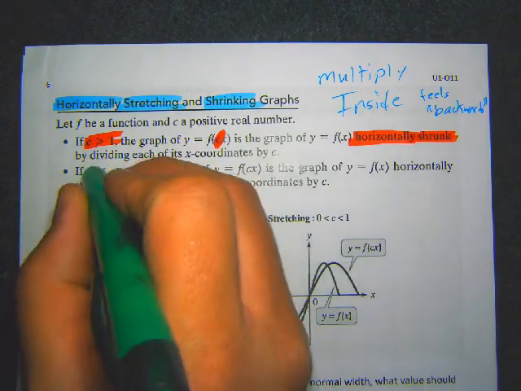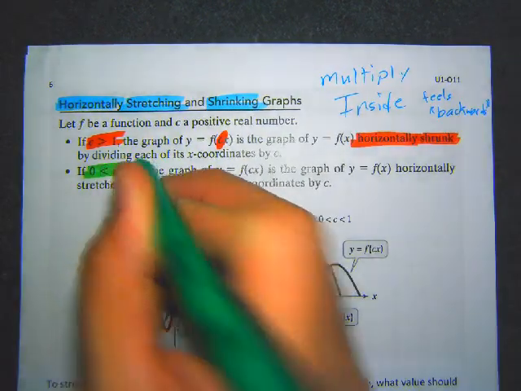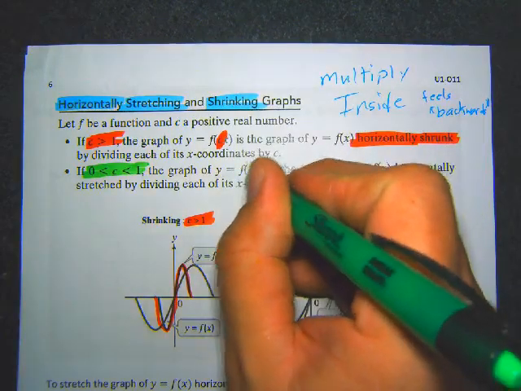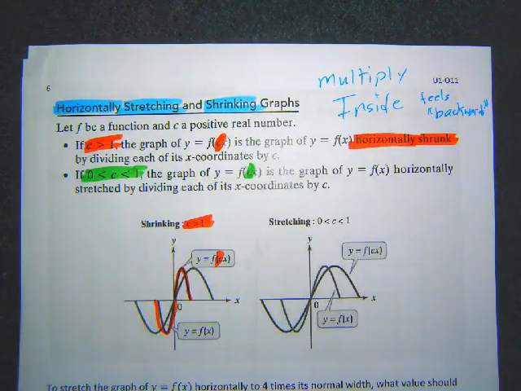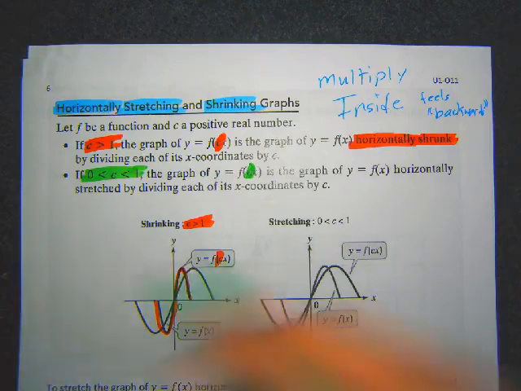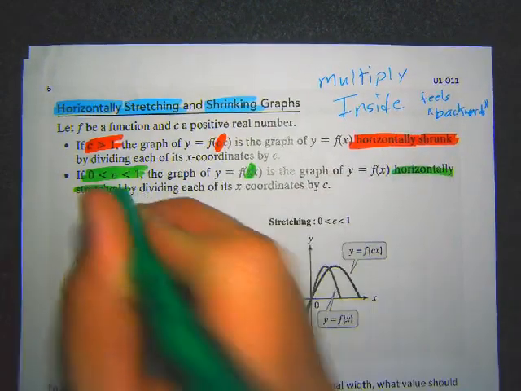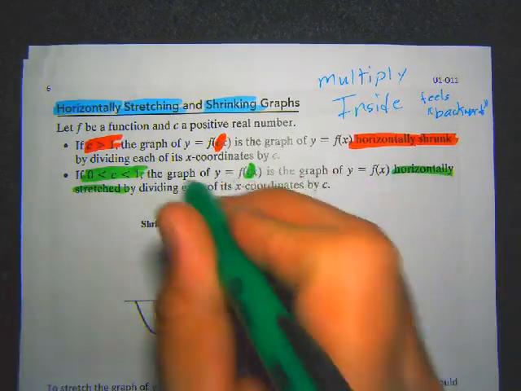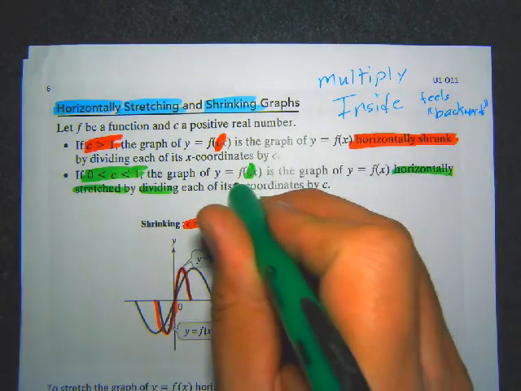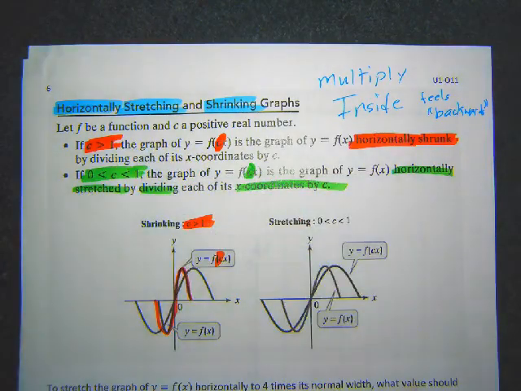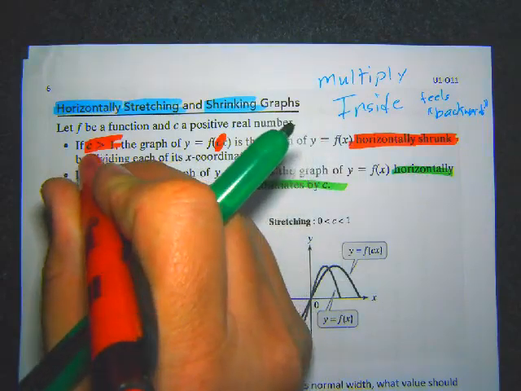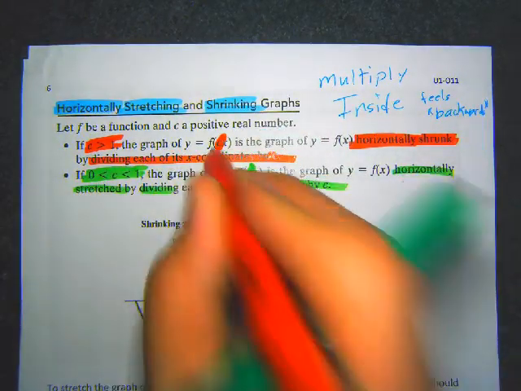If, however, you use a small number, so now instead of a big number, you multiply by a small number, something less than 1, remember small is smaller than 1, then it is horizontally stretched. You can do that by dividing every coordinate by c. I forgot to mention that on the first one too. You can actually figure out how this works if you take all the x values and divide by that number.